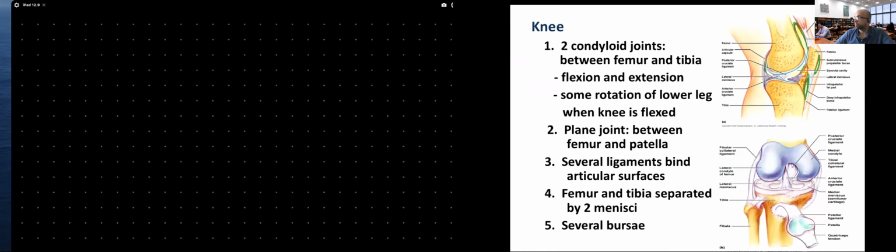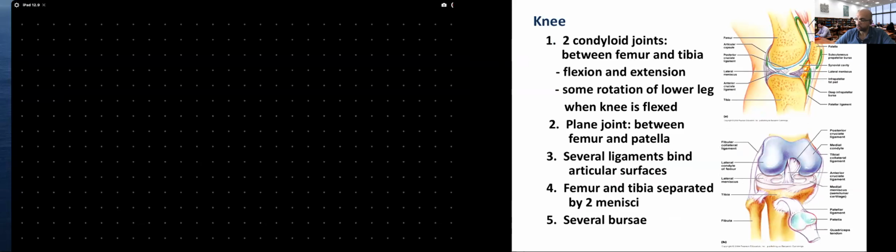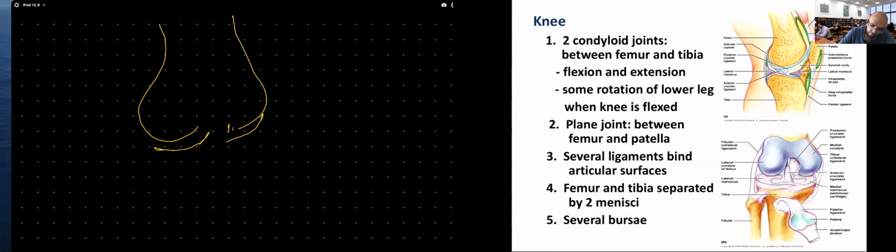Moving on to another famous synovial joint of the body. This is going to be the knee joint. And if you remember, the knee joint is going to be the articulation between three bones. I've got the distal epiphysis of the femur with its two condyles and its patellar surface.